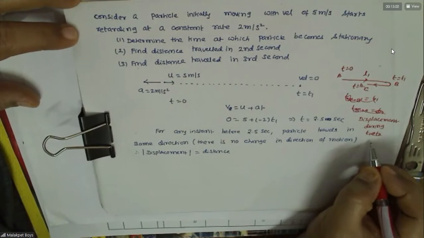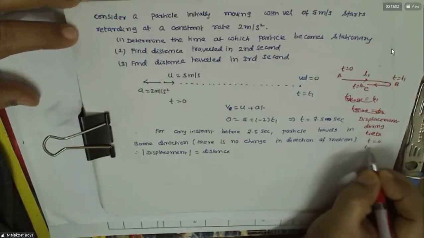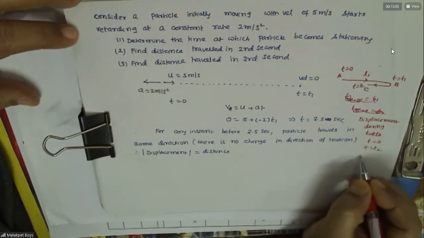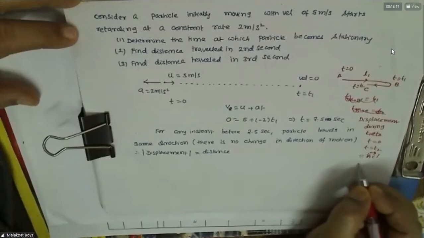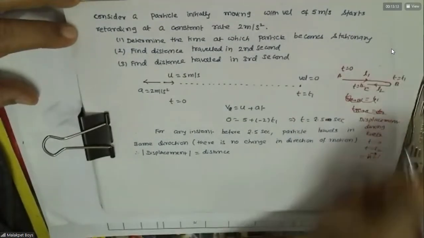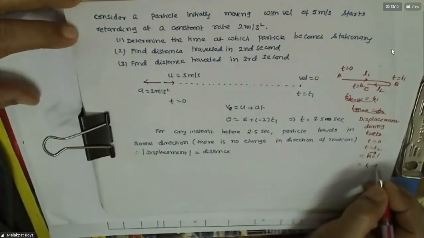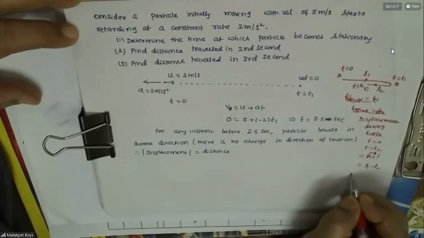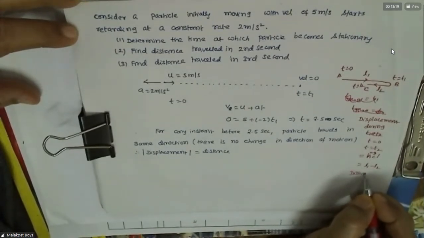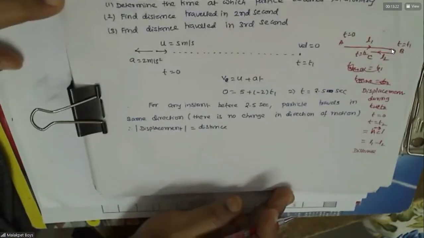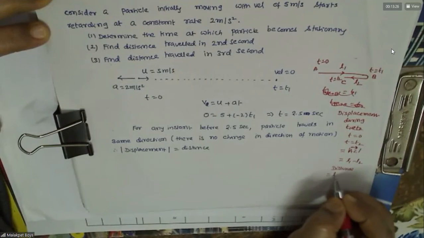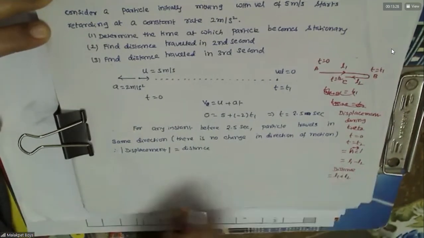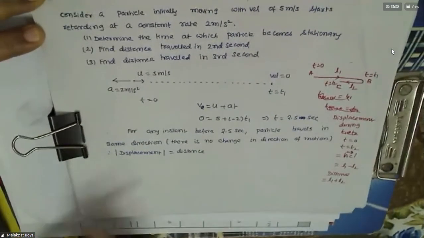Displacement during the time interval is nothing but AC bar. Do you agree with this? What is AC bar? AB L1 minus L2. Okay, what is distance? L1 plus L2, because there is a change in direction.